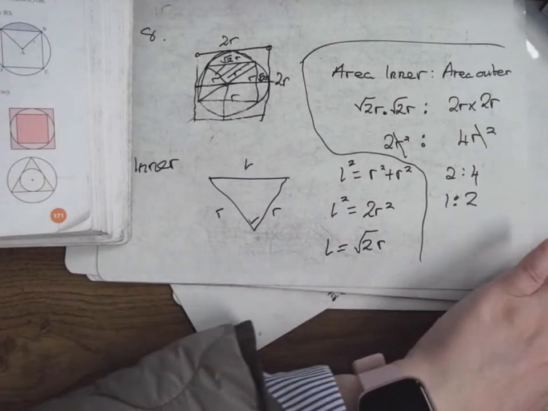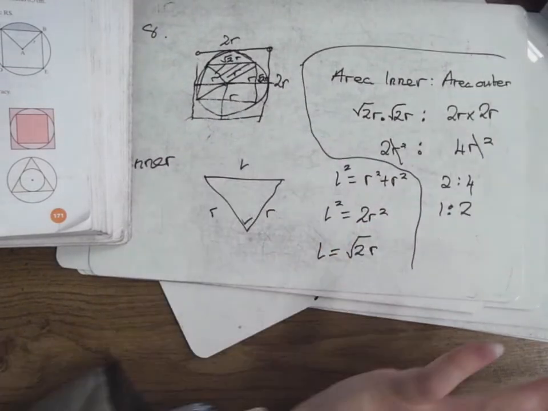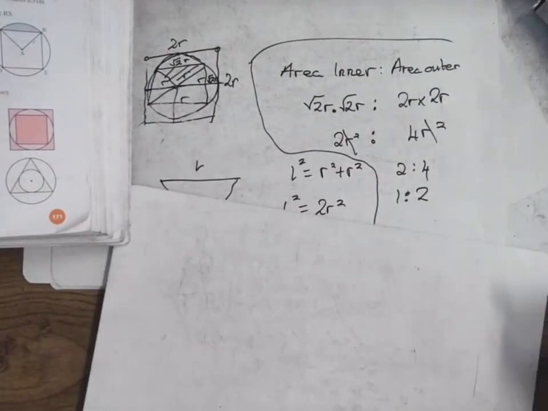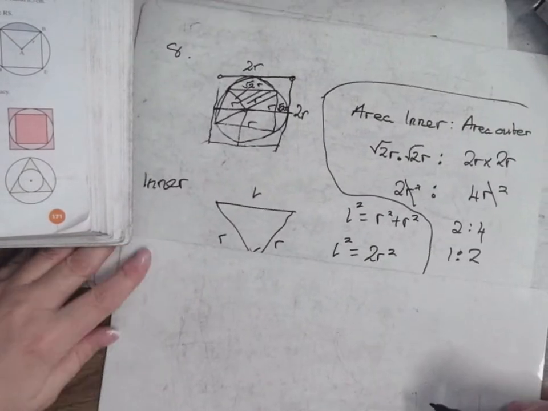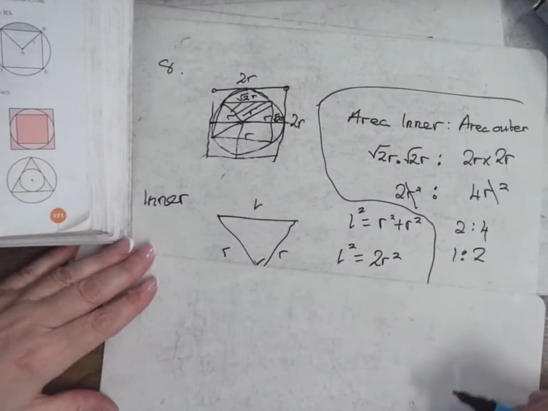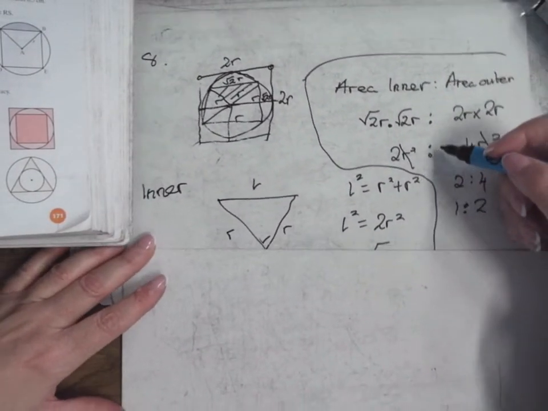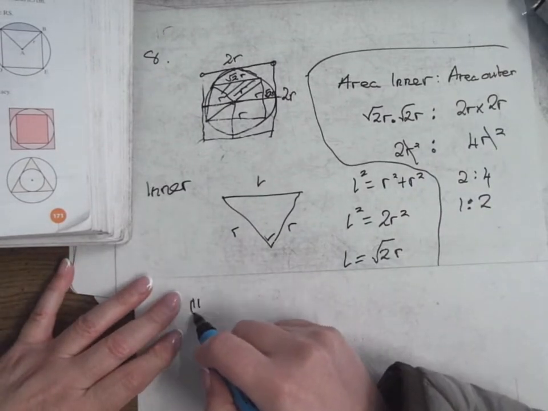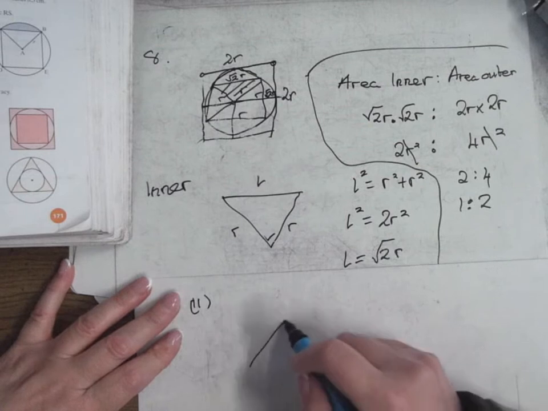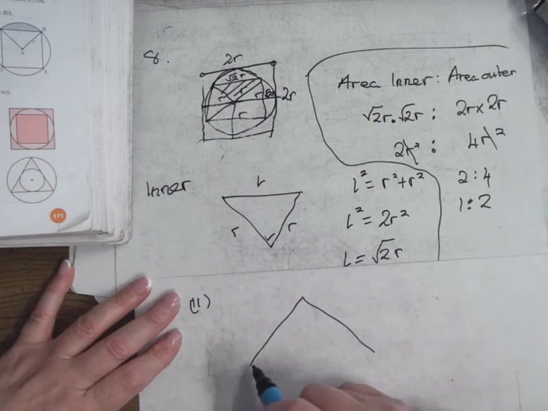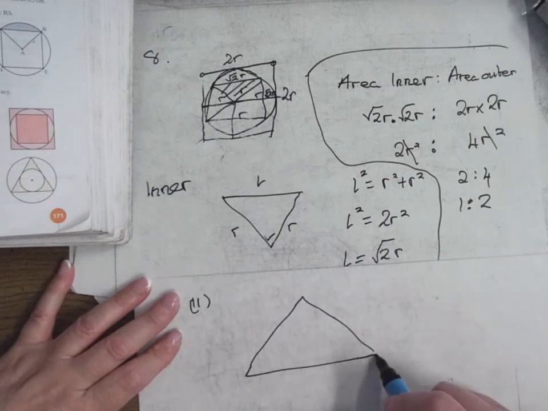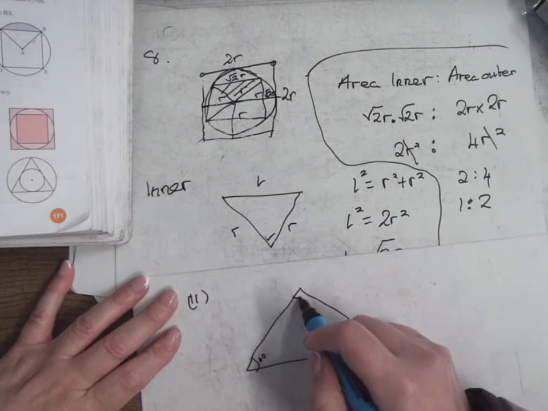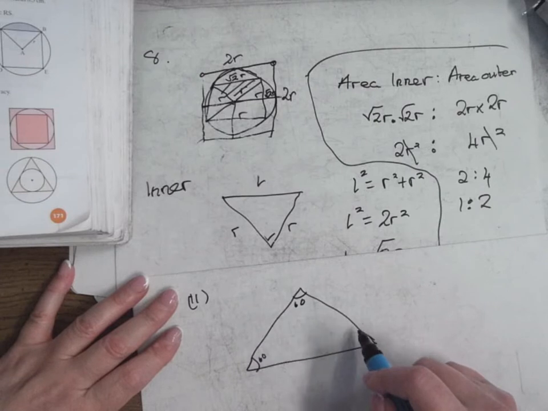Part 2 is an equilateral triangle. That's important information. So there's an equilateral triangle, which means 60, 60 and 60.